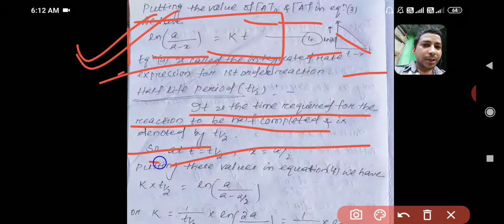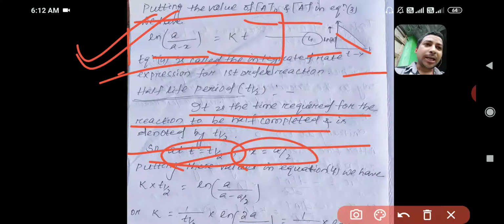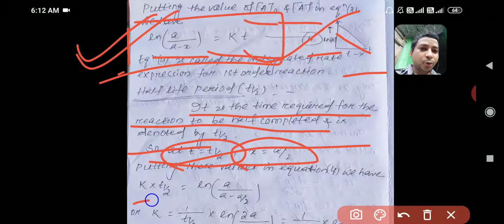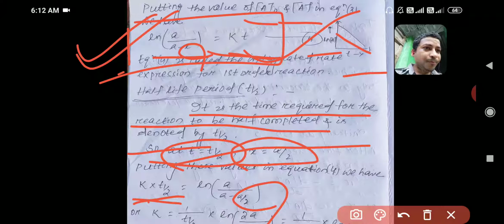So when t is equal to t half, the concentration has changed to half of the initial concentration. Substituting these values in equation 4, we can write k into t half is equal to ln a by a minus a by 2.